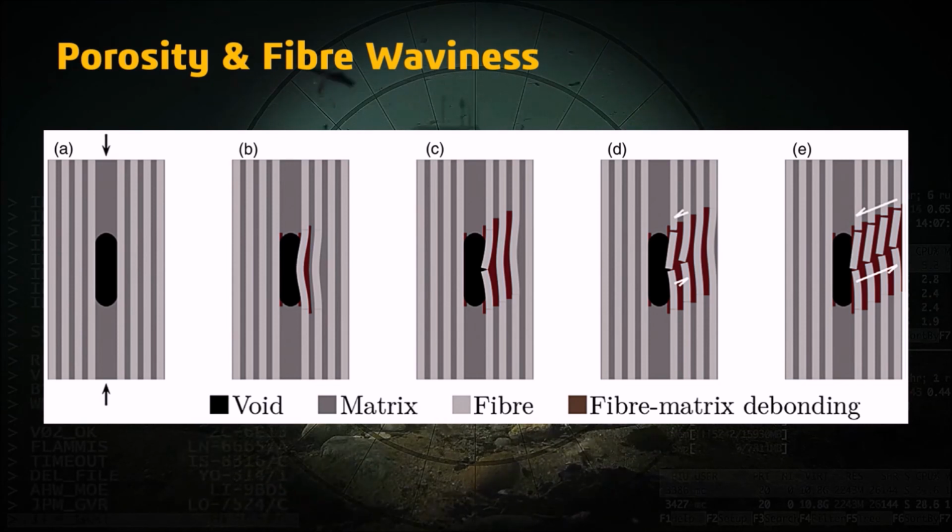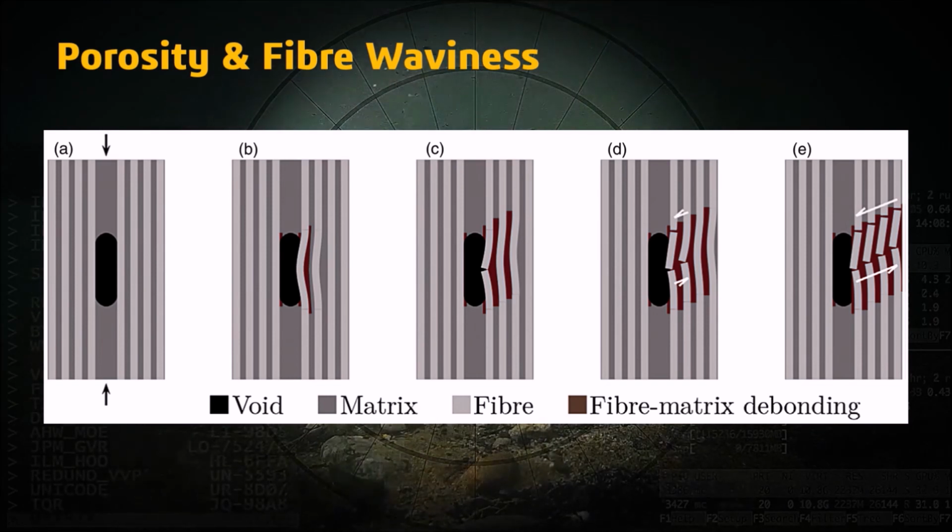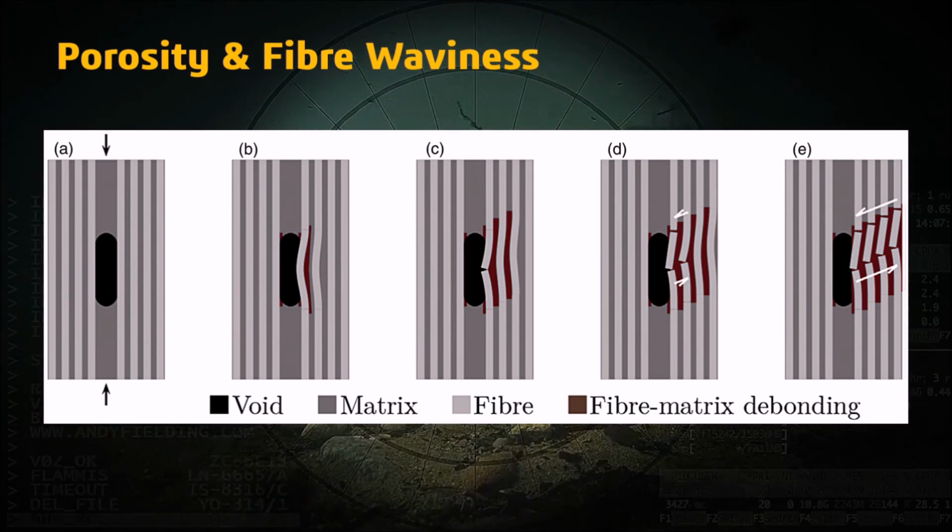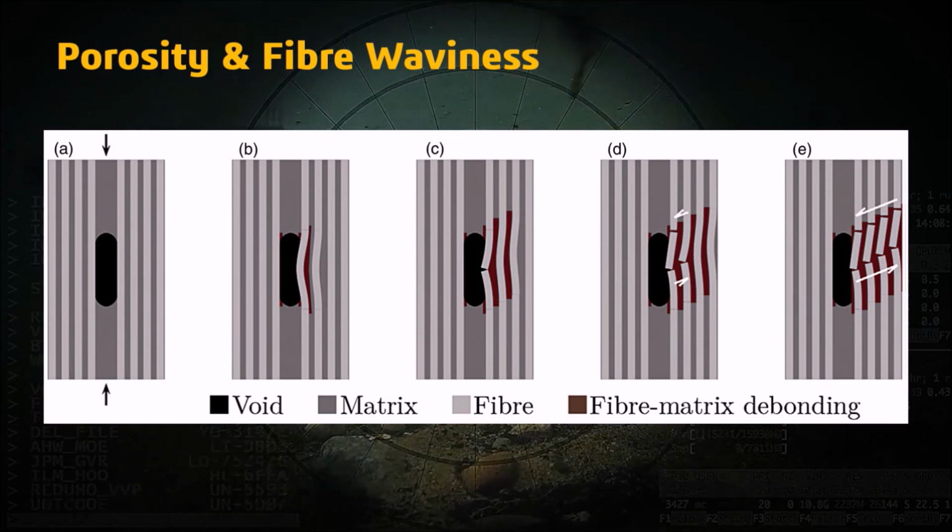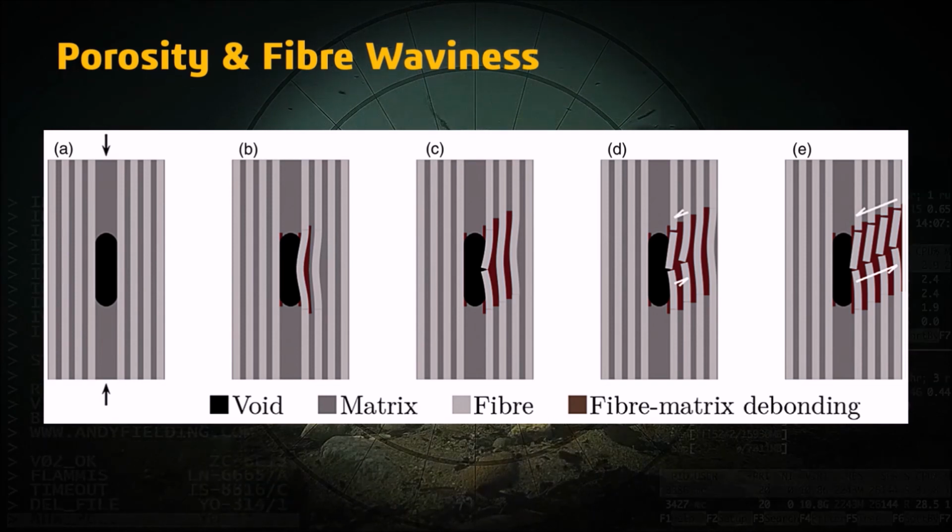So under compression, they start to buckle and then they start to fail. In the fourth figure, you see the failure of additional fibers and kinks, which is happening in the structure. And finally, the kink bands start to propagate and you will see a final failure. This has been reported in many research papers, and this one has been reported by Liebig and colleagues from Technical University of Hamburg-Harburg in 2015.